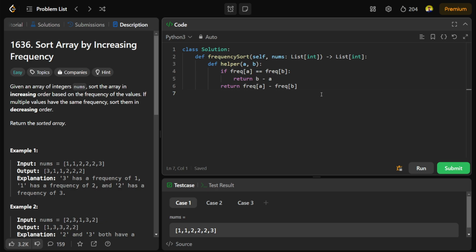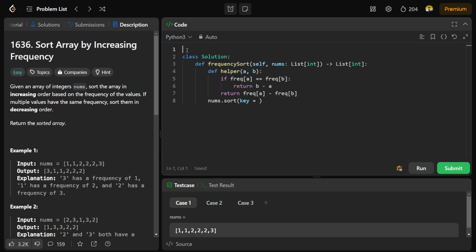Now I will be using the same sort function. So I'll say nums.sort(key=...). Whenever I need to do a comparison based on two values, by default I cannot do that, so I will be using a library function. From functools I will be importing cmp_to_key. So I will be passing the two-argument comparison as a function in the key.